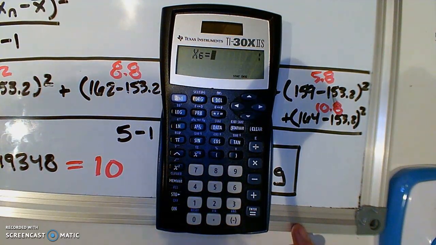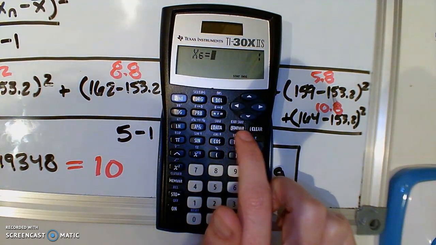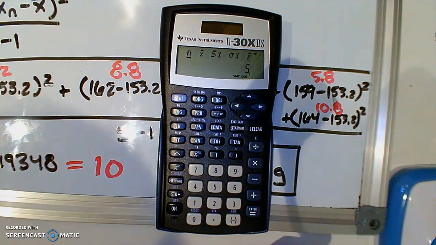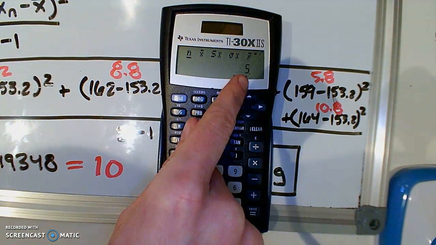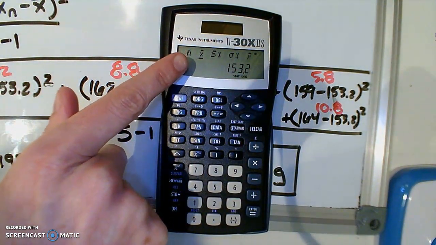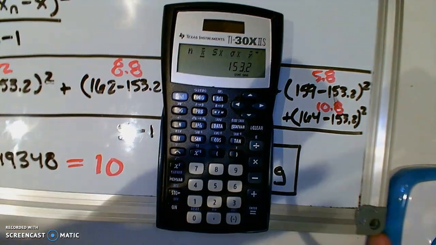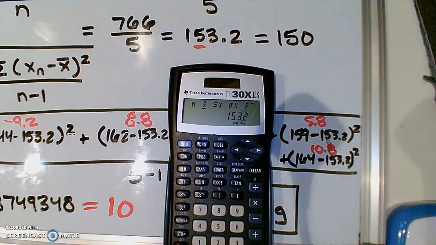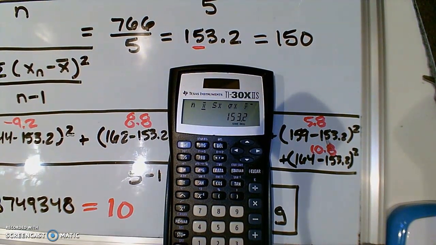Okay, so now we push our stat variable button, this guy, and it says calculating. So n is 5. We had 5 values. X average, 153.2, which is exactly what we calculated for X average. That's our average value, 153.2.